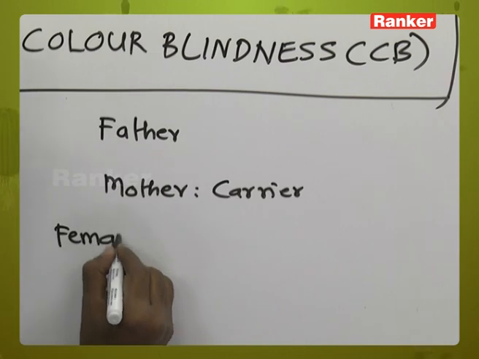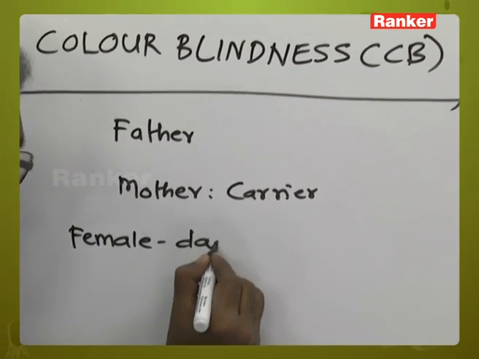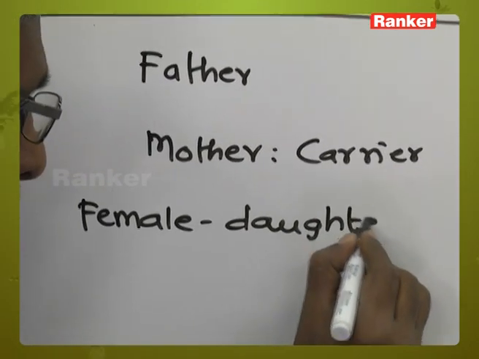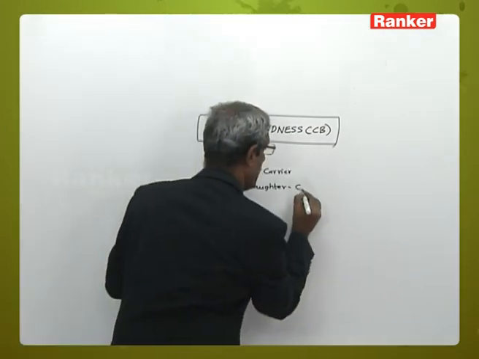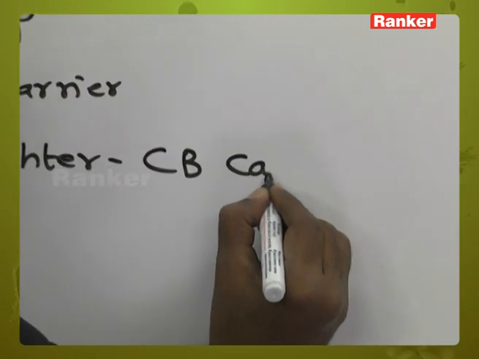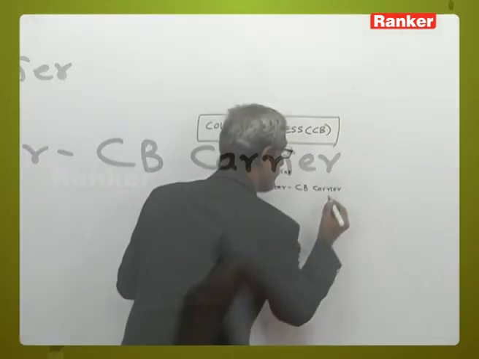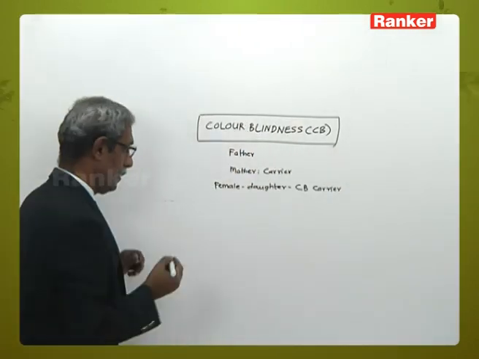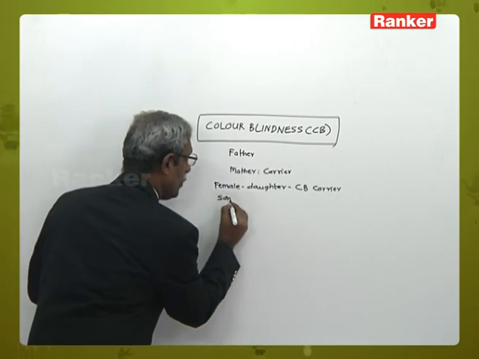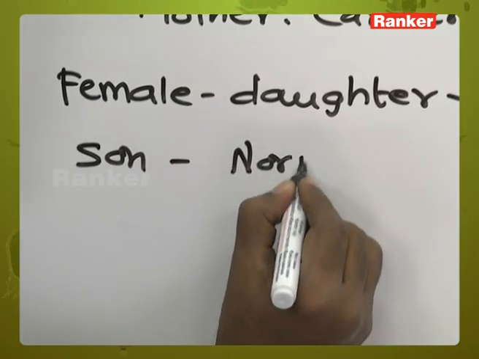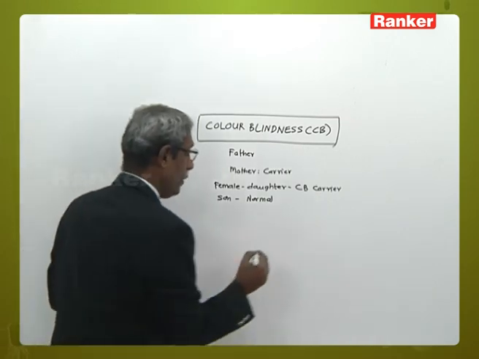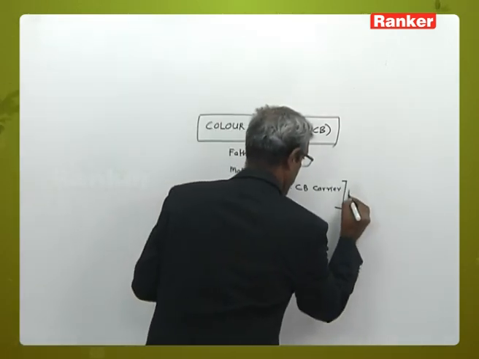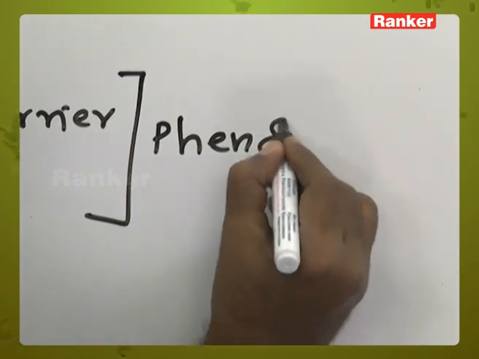Thereby, the female daughter is also a carrier of the color blindness disease. The sons would normally be normal, though phenotypically you may not be able to distinguish between them. So, they are phenotypically similar.